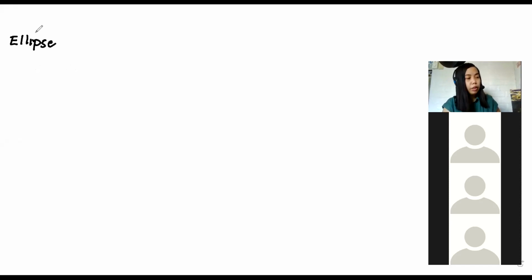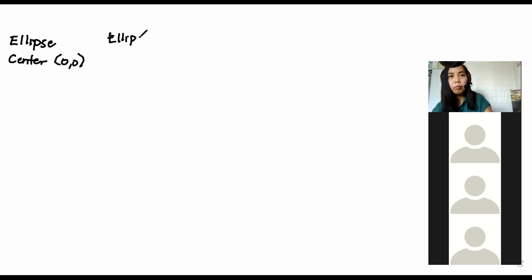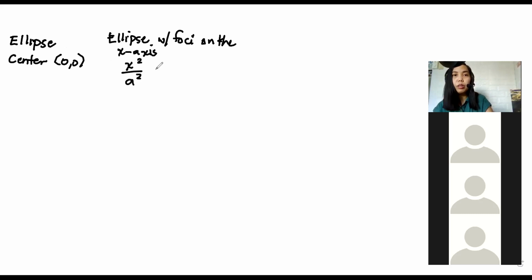So for an ellipse with center at the origin, if the ellipse has foci on the x-axis, we will have the standard form x squared over a squared plus y squared over b squared equals 1.